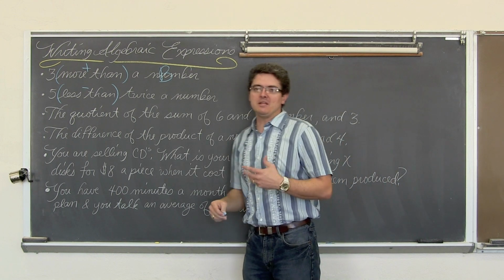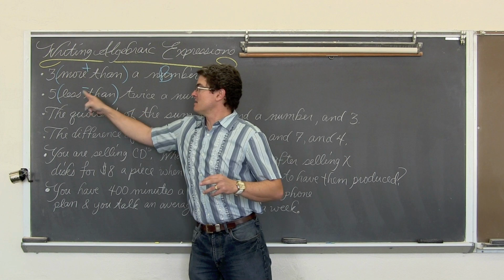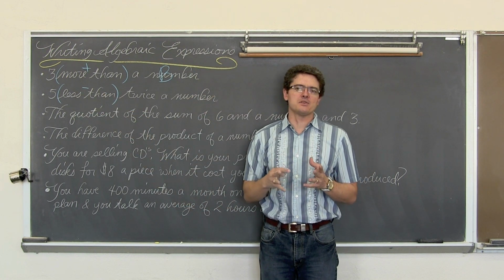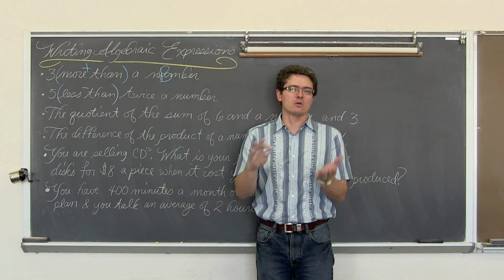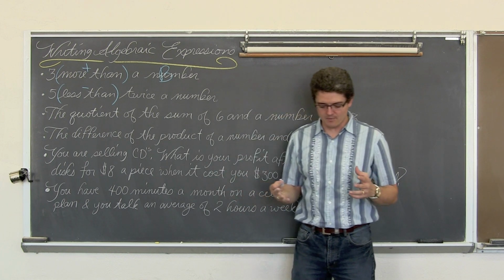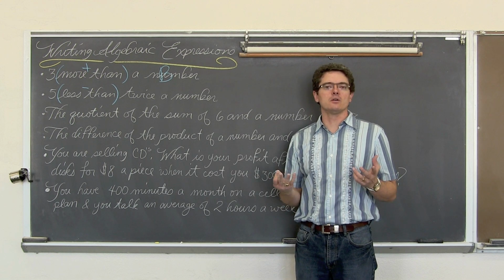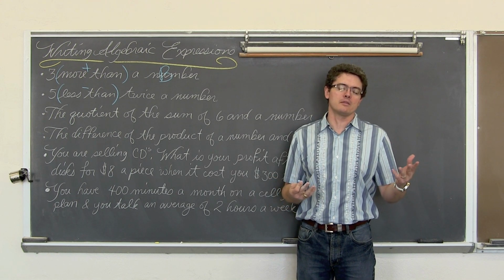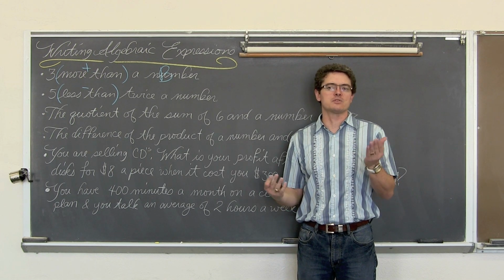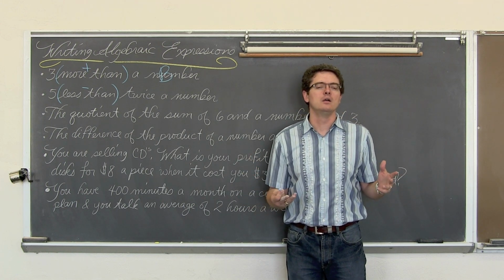Well, more than means add, and when the words more than and less than are together, they also imply that you need to change the order of what you see in the sentence. In other words, if I've got $20 and I need 3 more than that, it's going to be 20 plus 3, which is 23. But you might say, who cares? 3 plus 20 is 23 as well.